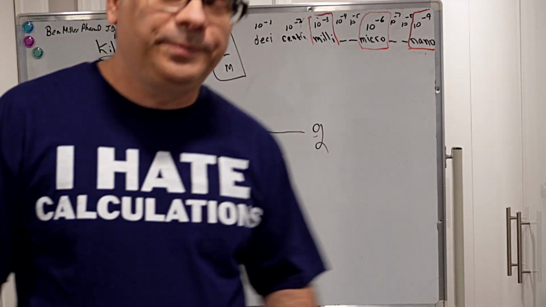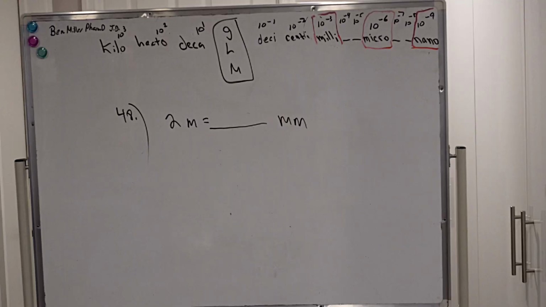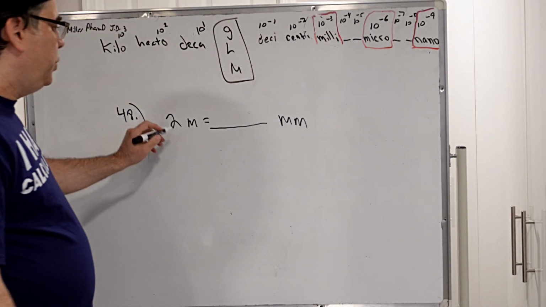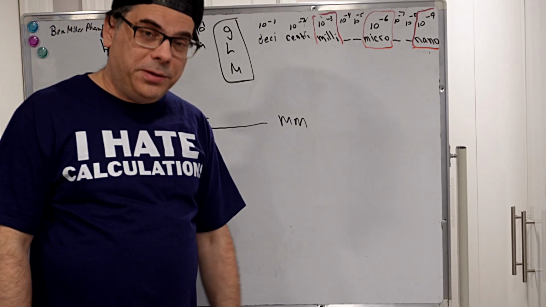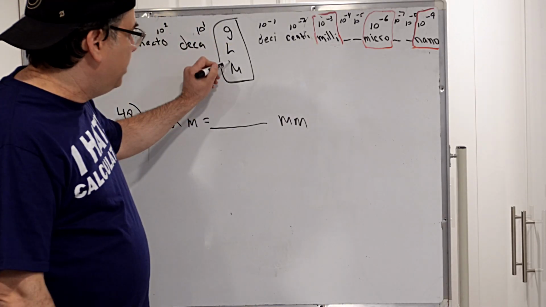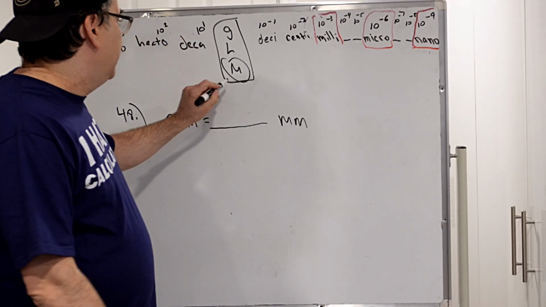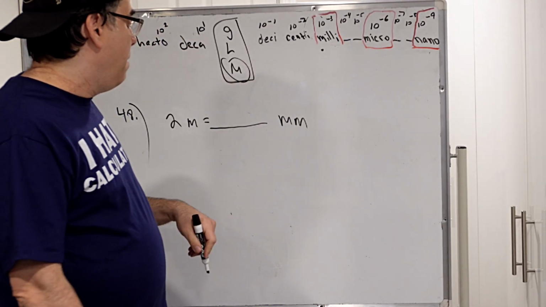All right. 48. 2 meters is how many millimeters? We're going to go with length now. Meters is over here. It's one of your base units for length. So we go meters to milli.